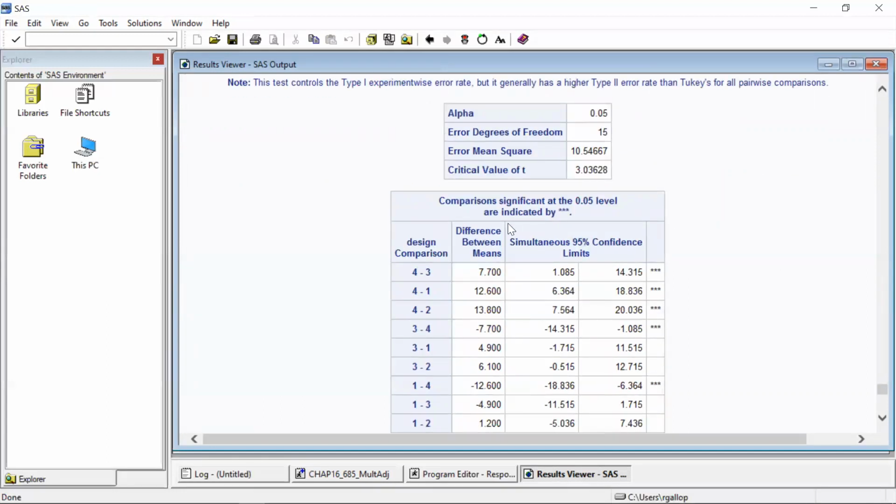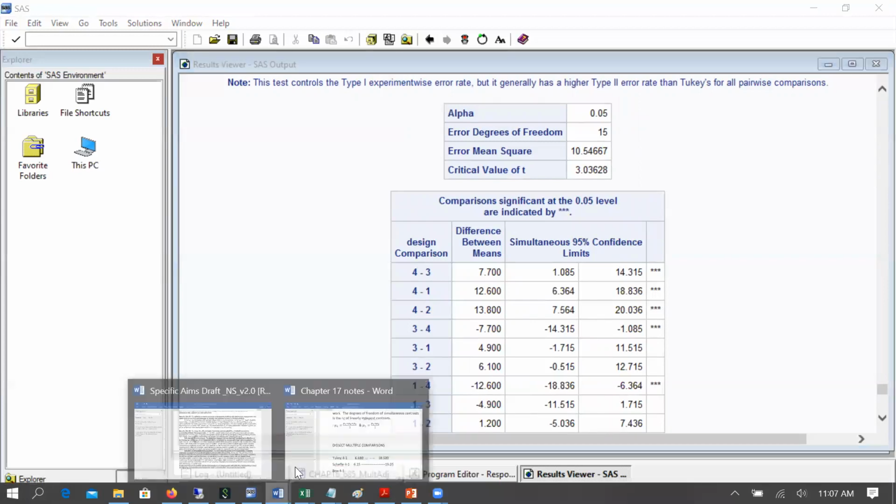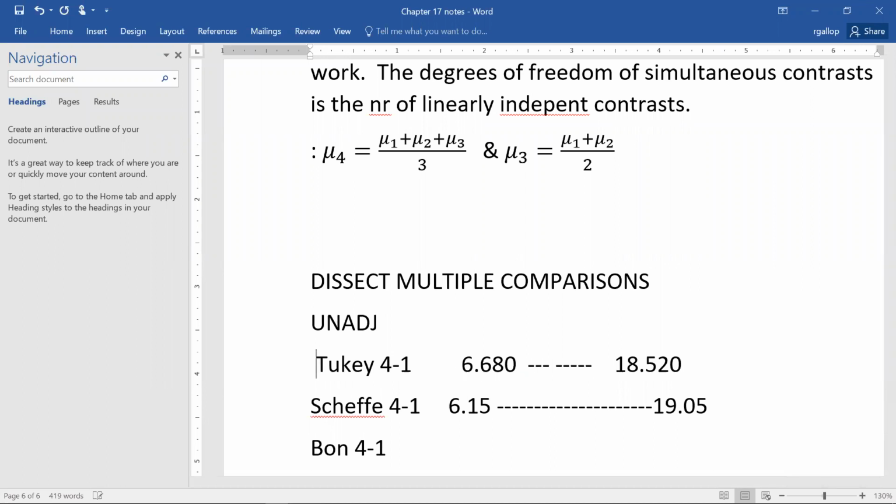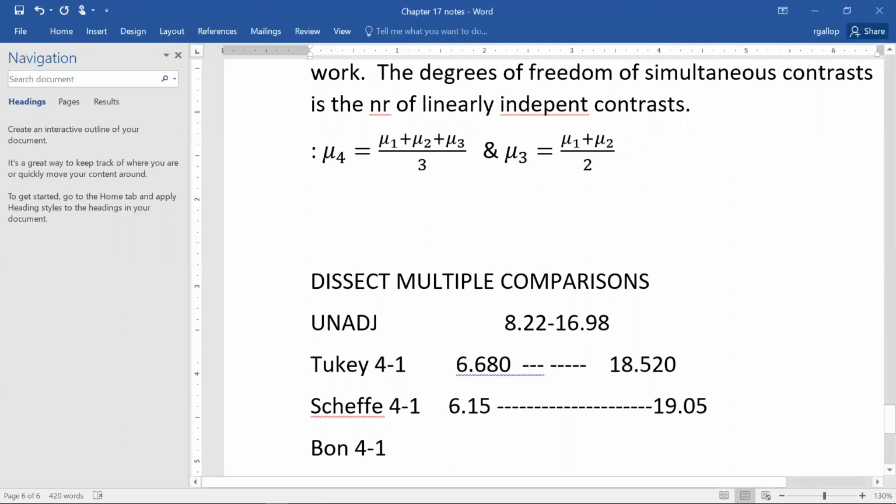So here's the Bonferroni. The Bonferroni for 4-1 is 6.364 to 18.836. Now if we look at these visually again, if I do unadjusted, we're basically here, 8.22 to 16.98 if I rounded to 2 decimals.